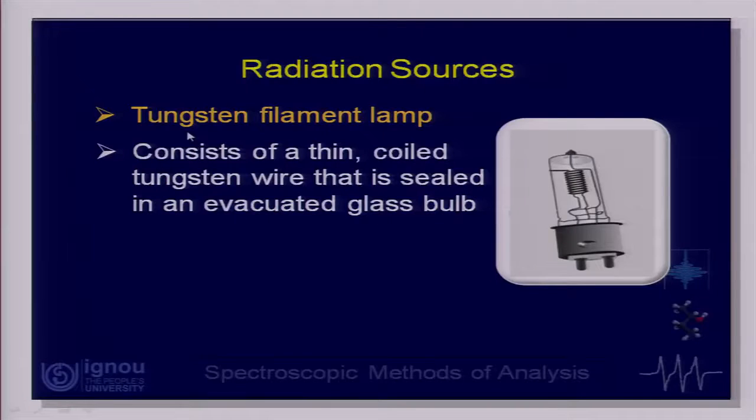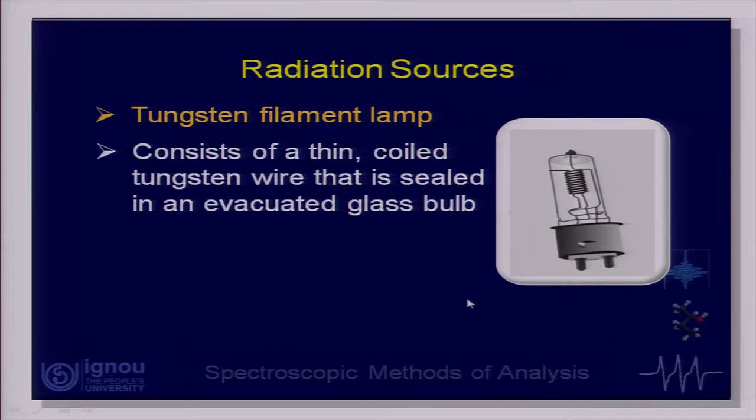When we come to the visible range, we use what is called a tungsten filament lamp. This is a very common lamp. Essentially, it consists of a thin coiled tungsten wire sealed in an evacuated glass tube, with electrical input.